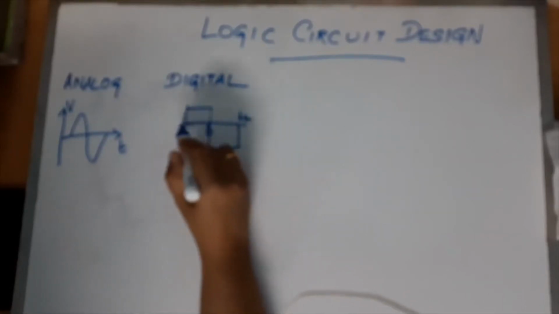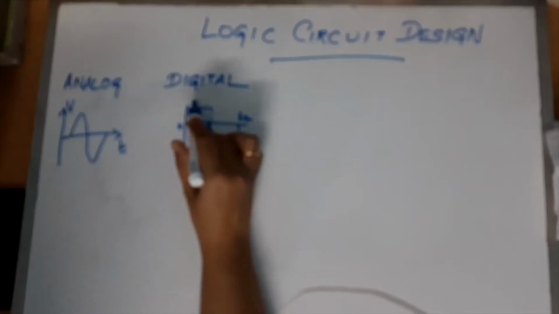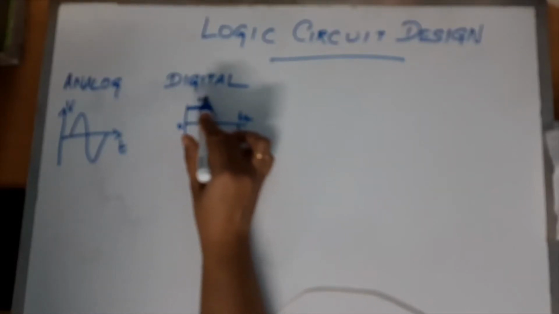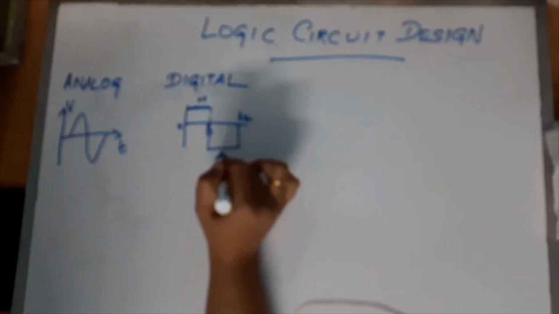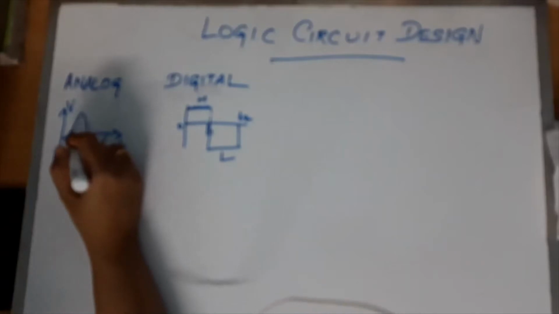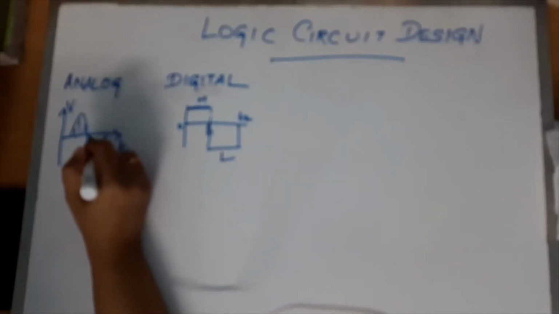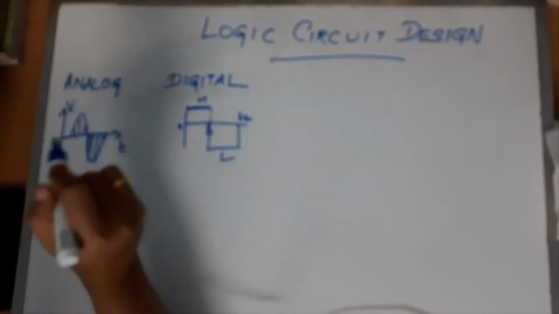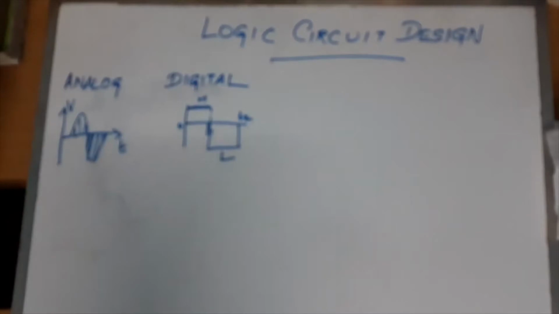So here, 0 to t1 it has a value high, and t1 to t2 it has a value low. So in an analog signal you can say that for every time you have a different value. This is the difference between an analog signal and a digital signal.